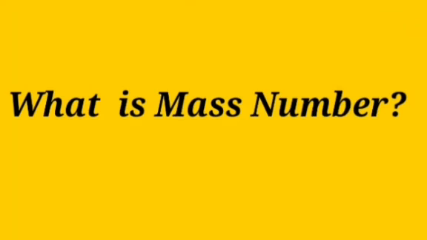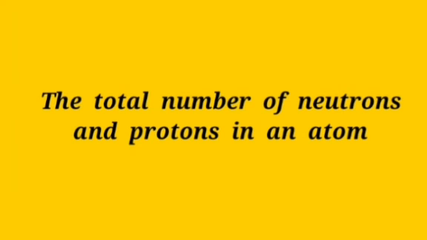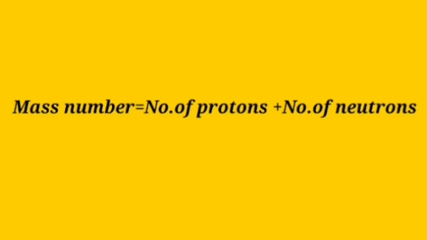Next thing, what is mass number? The total number of neutrons and protons in an atom is called the mass number. In your 7th standard book they have given the first 20 elements and their mass number and atomic number.